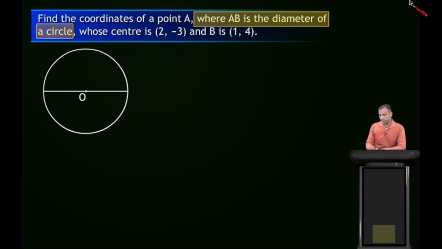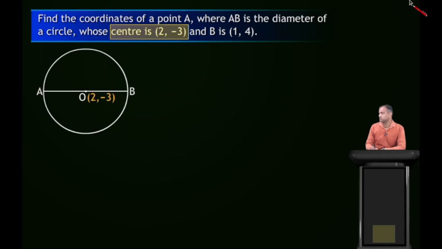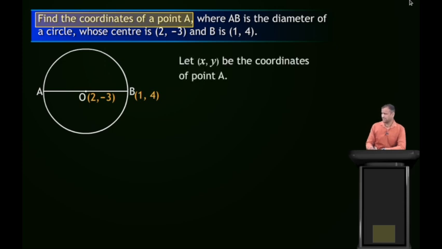Now center is 2 comma minus 3, and B is 1 comma 4. So here we have to find the value of A. So let's take A as x comma y, the coordinates of the point A.